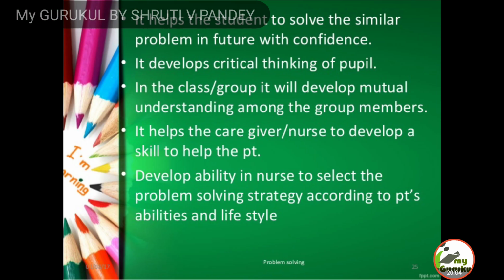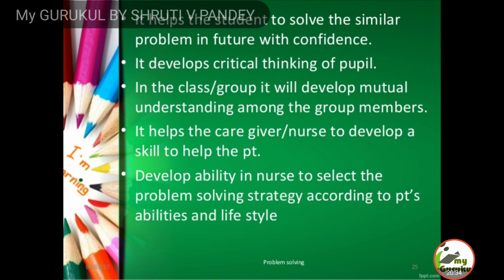It helps the student to solve similar problems in future with confidence. It develops critical thinking in people. In a class group, it will develop mutual understanding among the group members. It helps the caregiver or nurse to develop a skill to select the problem solving strategy according to potential abilities and lifestyle.